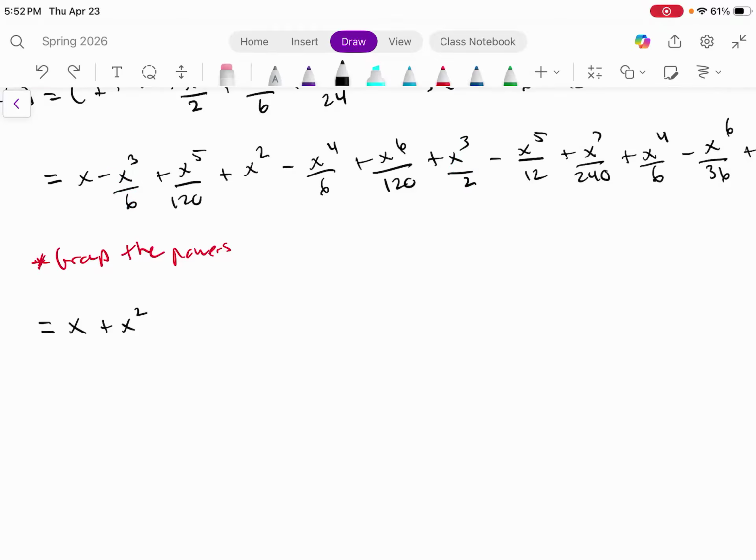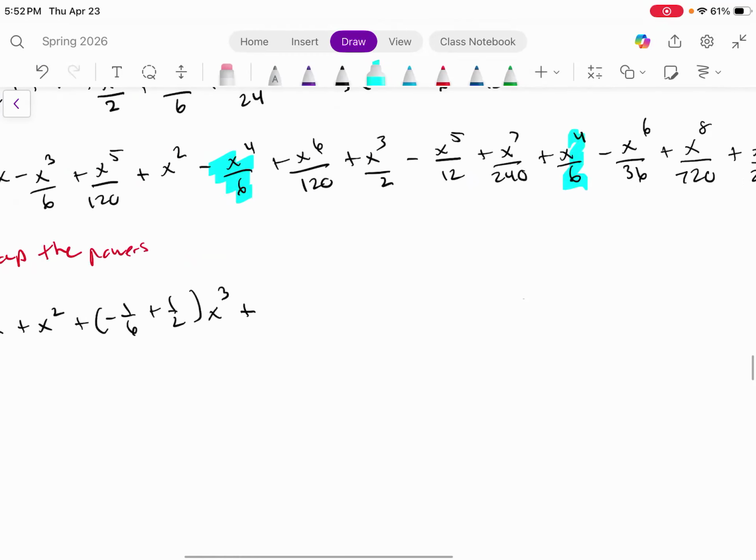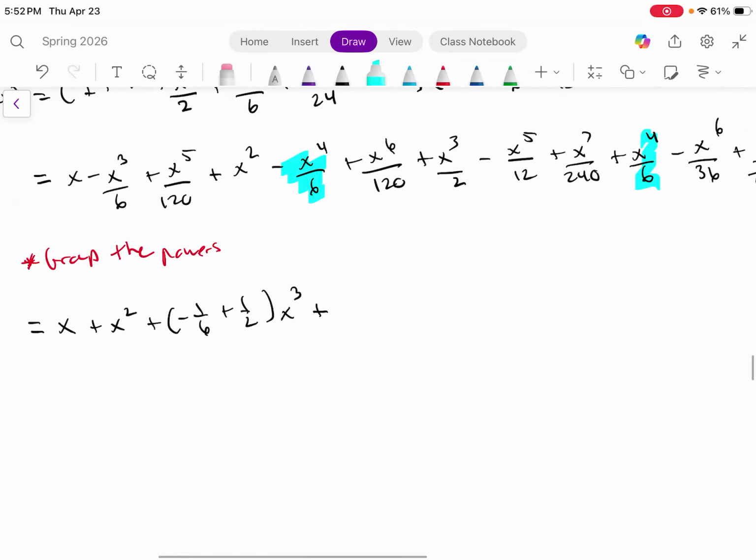That would be plus negative 1/6 plus 1/2, x cubed. Then the x to the fourth: there's one right here, negative 1/6, and one over here, positive 1/6, and that's it. So negative 1/6 plus 1/6, x to the fourth.